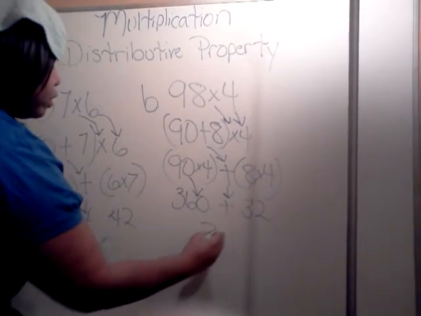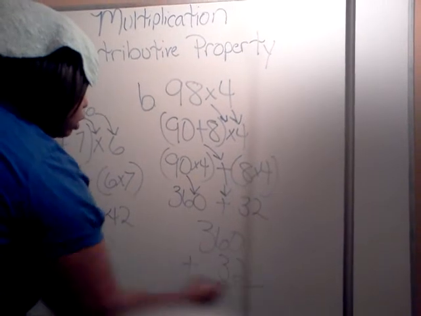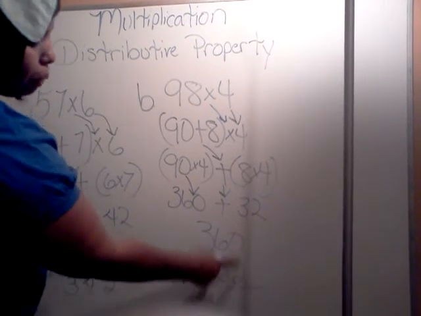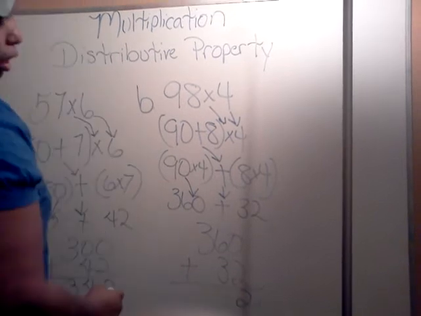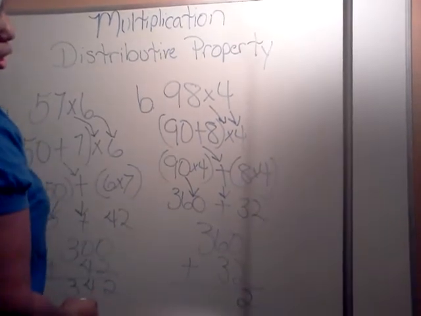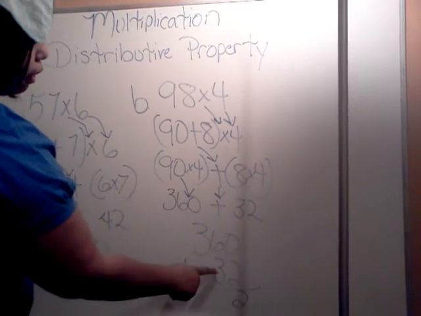So 360 plus 32. Can you help me out, Joseph? 0 plus 2? 2. What place is that in? 1. Yes, that's in the ones place. What place is this in? 10.